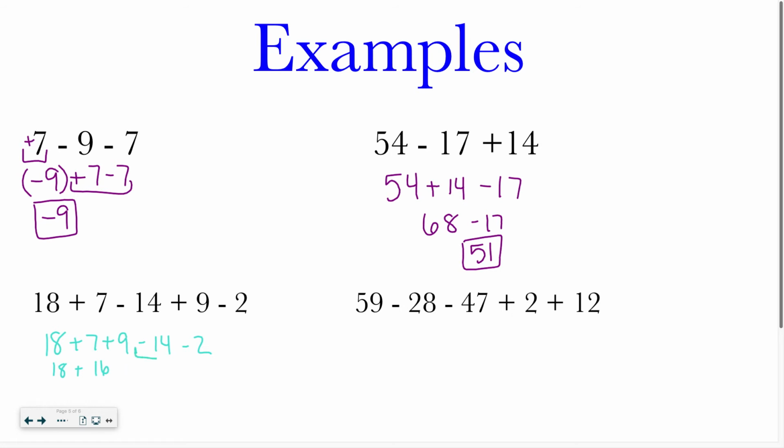So I'm going to combine my negative 14 minus 2, just like I combined my positive 7 and 9. Negative 14 minus 2 more is negative 16. And then I have 18 plus 16 minus 16. This part becomes a plus 0. So my answer is 18.